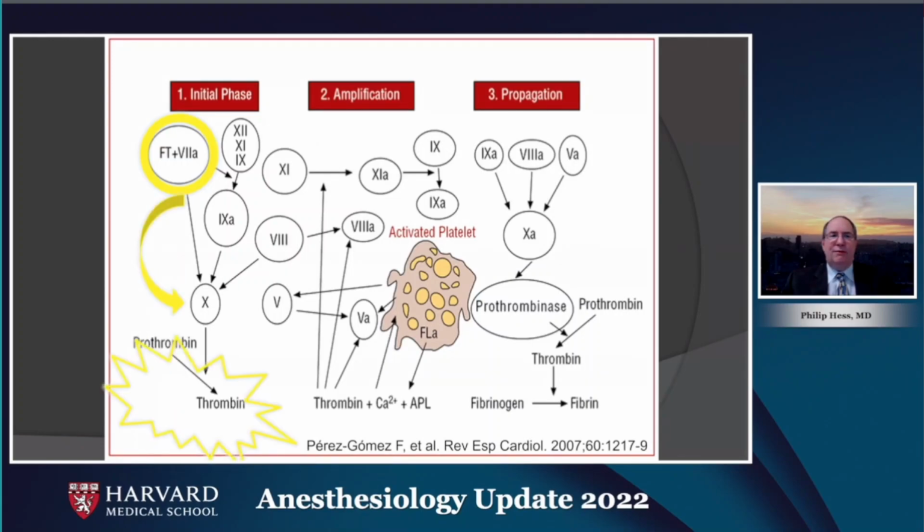The factor 7A and tissue factor activate factor 10, which creates a little bit of thrombin flowing throughout your bloodstream around where that tissue damage was. And that thrombin acts as an alarm signal that binds with calcium and phospholipids to activate the platelet.